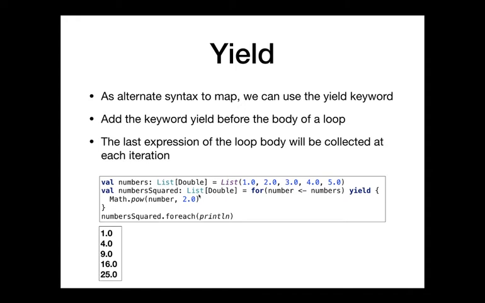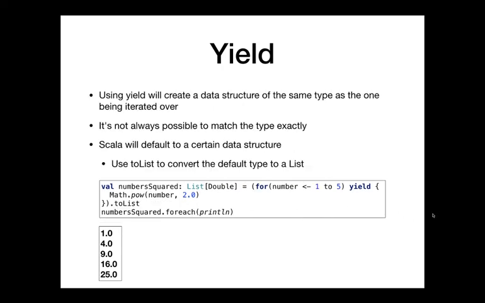So this is more of an option for you. In this example, it was a lot cleaner to use map, but there are some nice places where you might want to use yield, for example, if you don't have a data structure yet. Sometimes it's just a little more convenient to use yield. If I don't have a data structure, I could do, in parentheses, 1 to 5 dot map. You can use that syntax too.